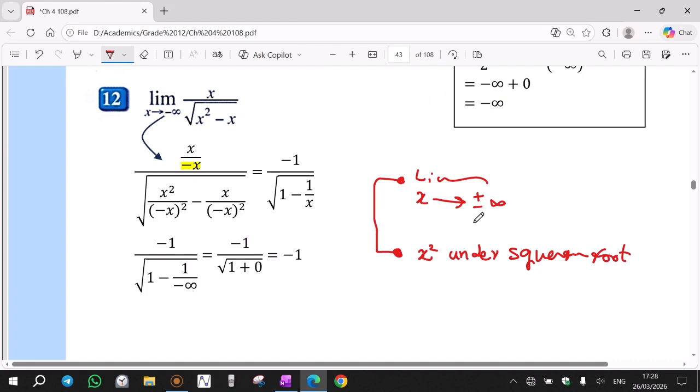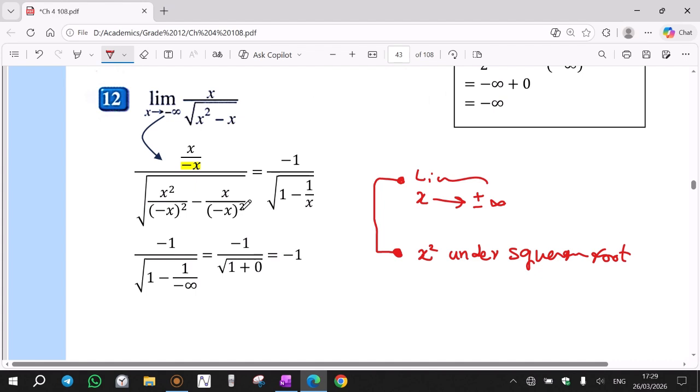In this question, most importantly, the limit x tends to negative infinity. That means these x's are going to be replaced with something negative. This is why I'm going to divide every term of the function by negative x. So x divided by negative x, squared divided by negative x squared, minus x divided by negative x squared.